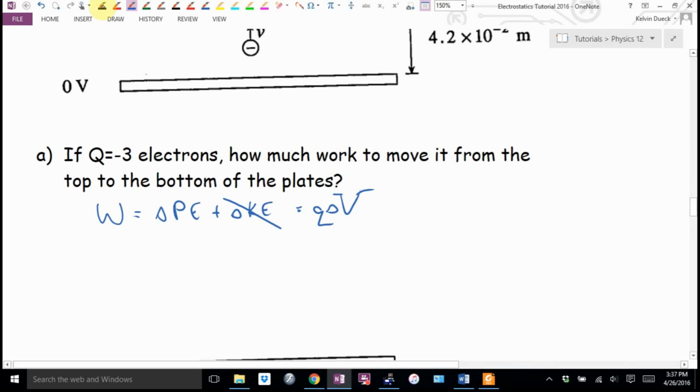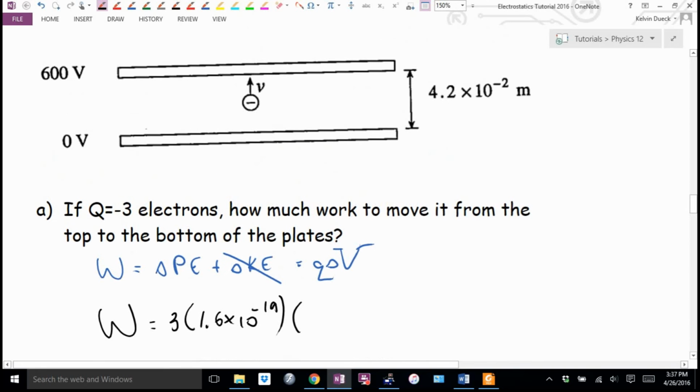In other words, Clay, the work is going to be the charge, 3 electrons, times the voltage that they traveled through. You'll notice I'm not even using this. I could, by the way, with that distance, go force times distance. I'll show you how to do it in a second. 600. By the way, the change in anything is what?